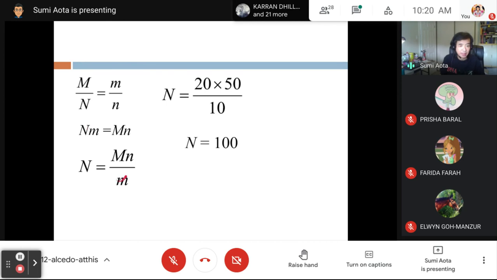Isolate the N, plug the numbers in, and N equals 100. If you need time to copy that down, I'll leave it up for a minute. If you're unsure of the math, I strongly suggest you copy that down.